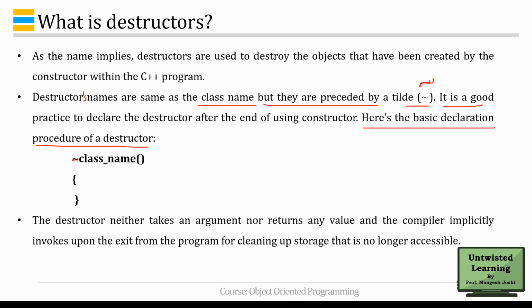In the previous example, how will you declare this destructor? This operator and then wall. In this way you can destroy the object created by the constructor. Again, it is automatic, it will be called automatically. You need not call it. At the end of the program, this will be called automatically.